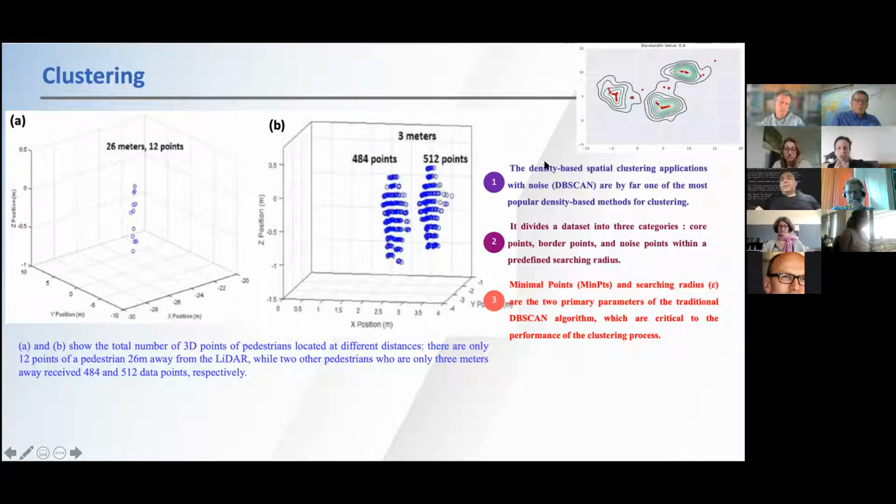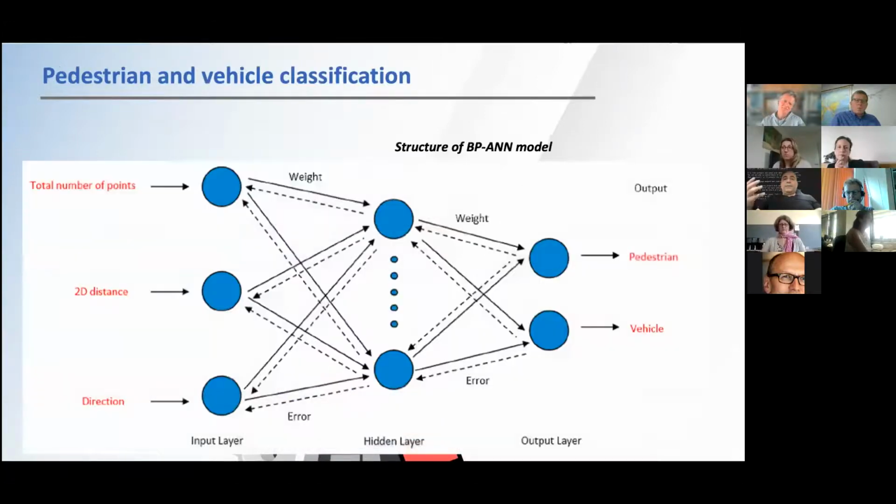The algorithm behind detecting this is based on density-based spatial clustering of applications, which is not a very complicated concept. And we can also train an artificial backpropagation neural network based on the measures that we have from LiDAR, like two-dimensional distance, direction, and total number of points, to cluster, to classify pedestrians and discriminate pedestrian flow from vehicles.